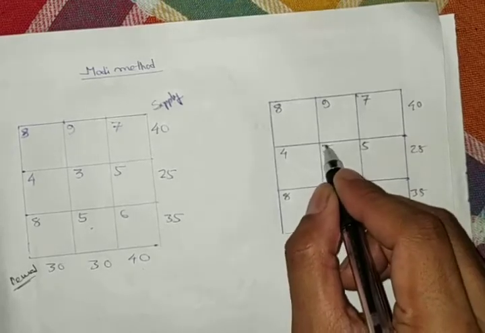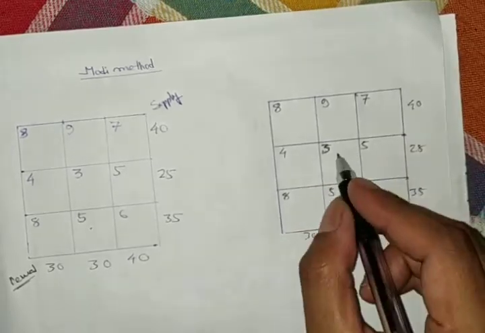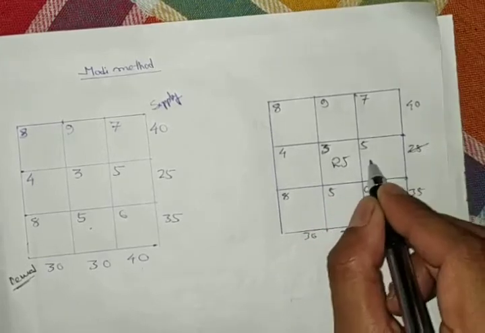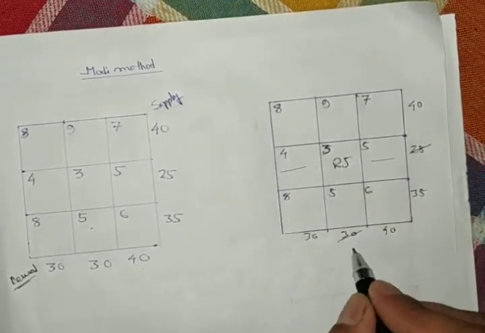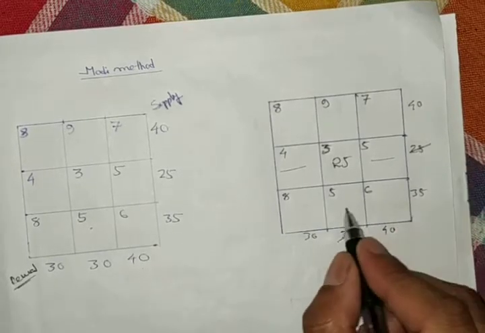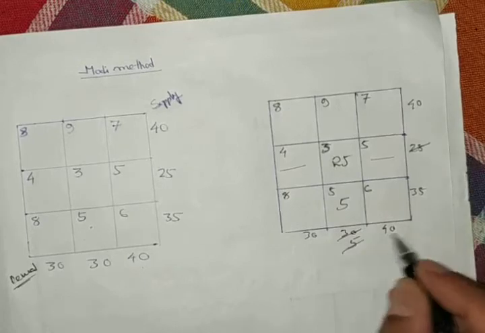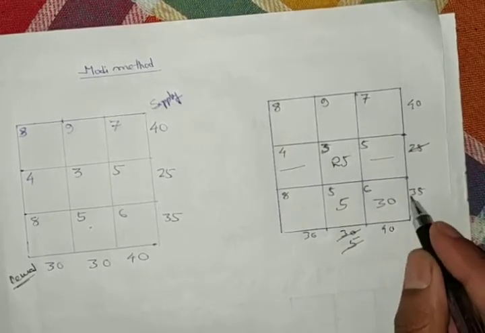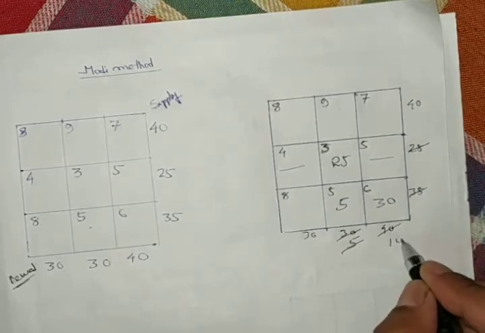So here this is 3, so I can put 25 here. If I put 25, it will exhaust it. It became 5. After that I can put 5 here, it will exhaust. Again I can put 30 here, so it will exhaust it. Only 10 will remain.